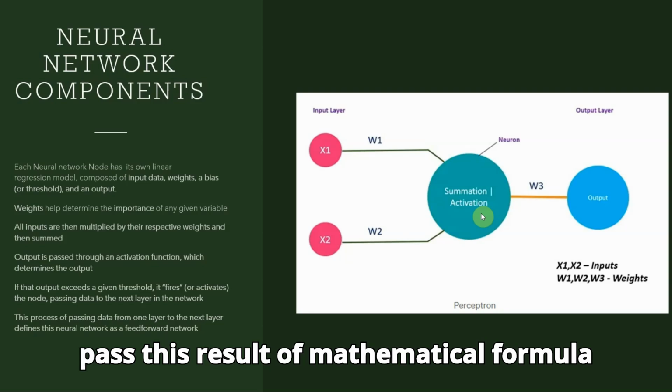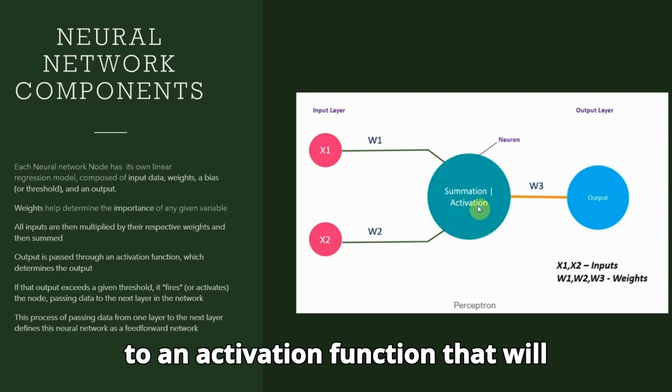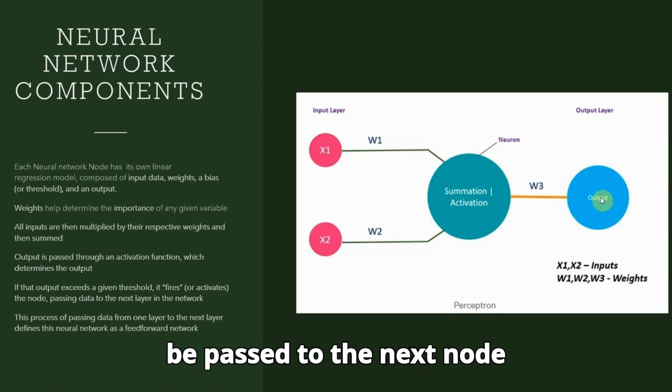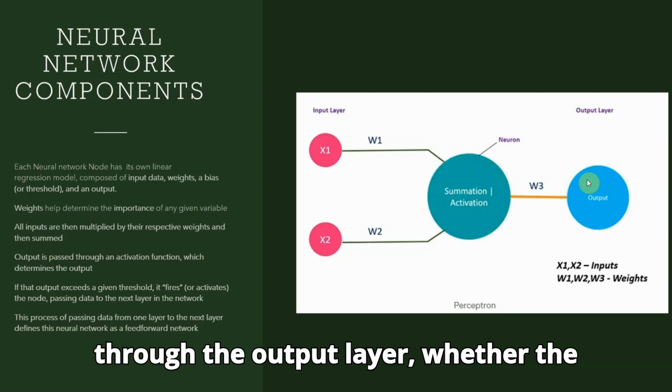Then we pass this result to an activation function that decides whether the output of this node should be passed to the next node through the output layer.